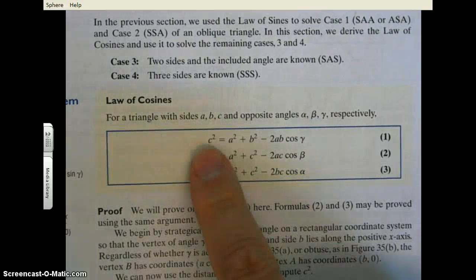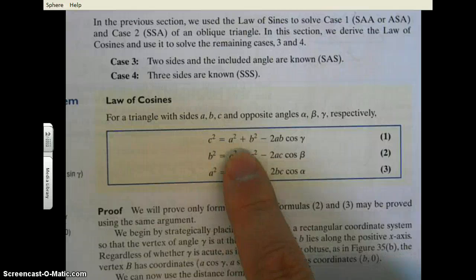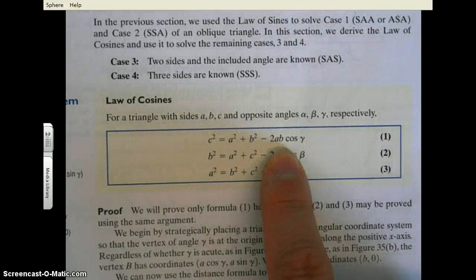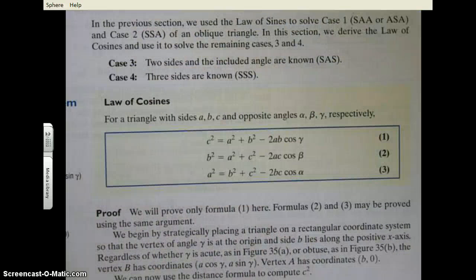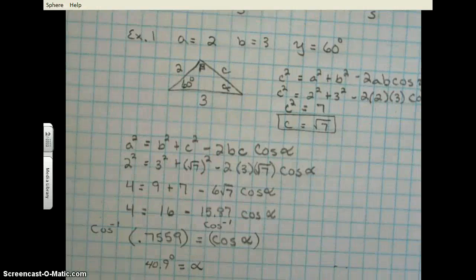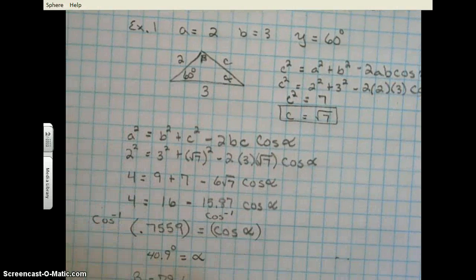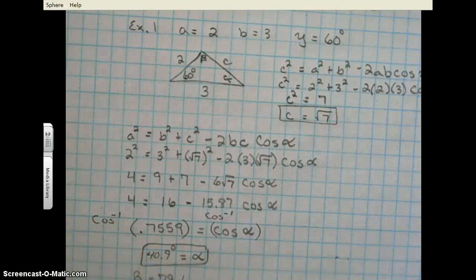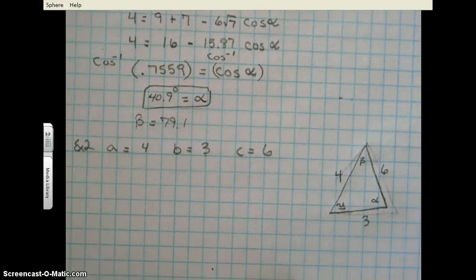So we just plug in the numbers for C, A, B, and solve for gamma. We follow this the same way we did when we were solving for alpha in the previous problem. So let me just really quickly show you one.